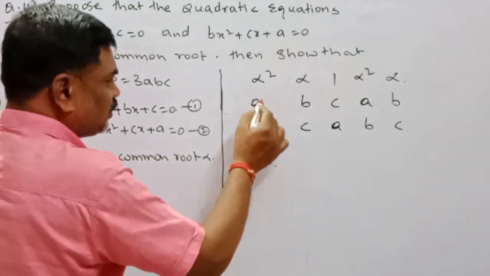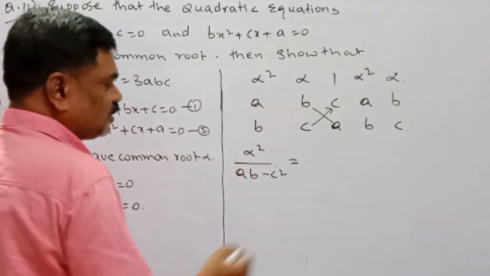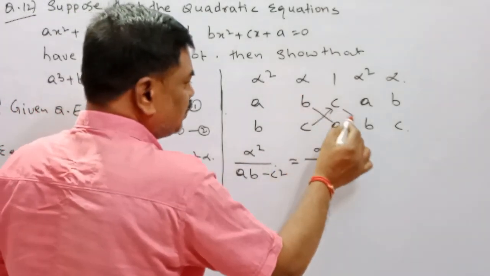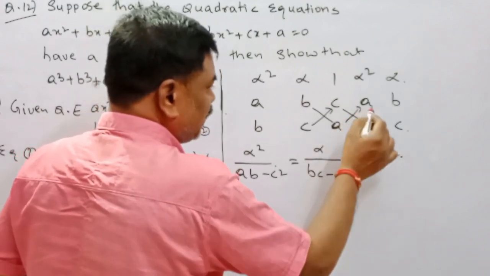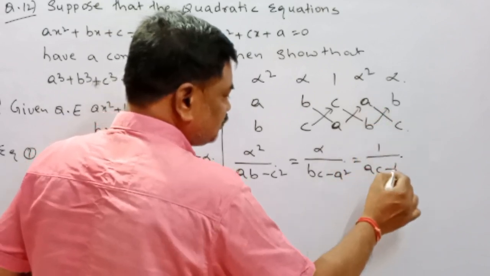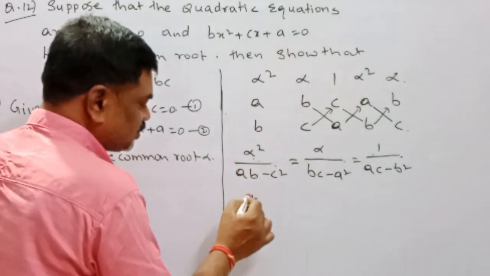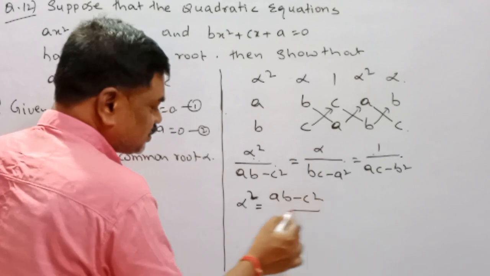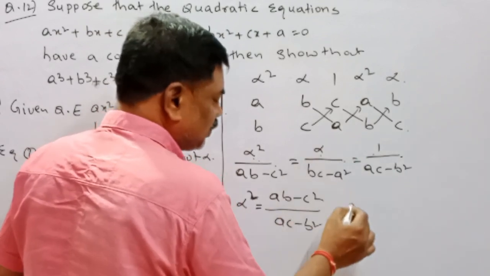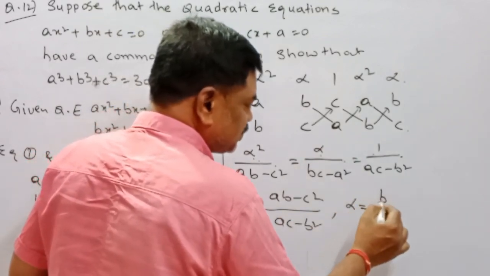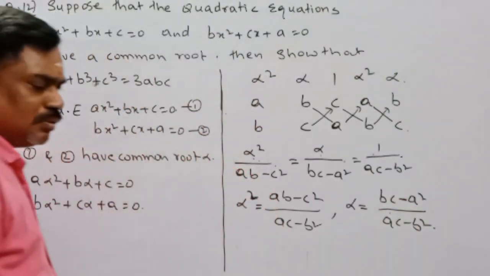Then alpha square by ab minus c square is equal to alpha by bc minus a square is equal to 1 by ac minus b square. By comparing these, alpha square is equal to ab minus c square by ac minus b square, and alpha is equal to bc minus a square by ac minus b square.